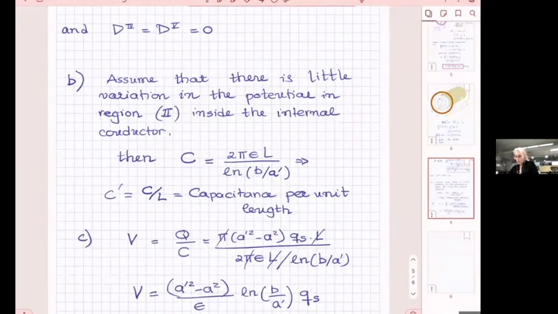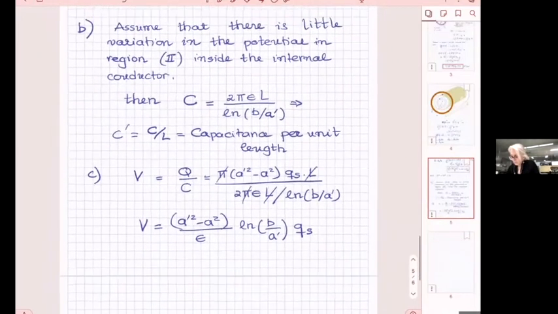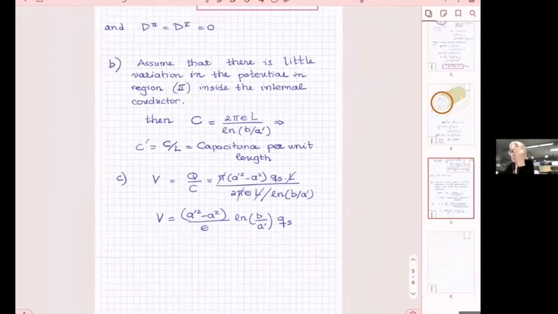With this now we want to find the capacitance. How are we going to find the capacitance for this? Do you remember how we did it for a regular coaxial? What did we do?